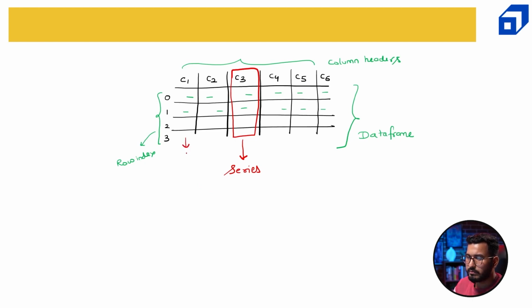So this is series 1, series 2, series 3, series 4, series 5, series 6. Even if I have two series, S1 and S2, and I extract two columns out of a data frame, it would be a data frame. If I extract a single column out of a data frame, it would be a series. So that is what a series and a data frame is.